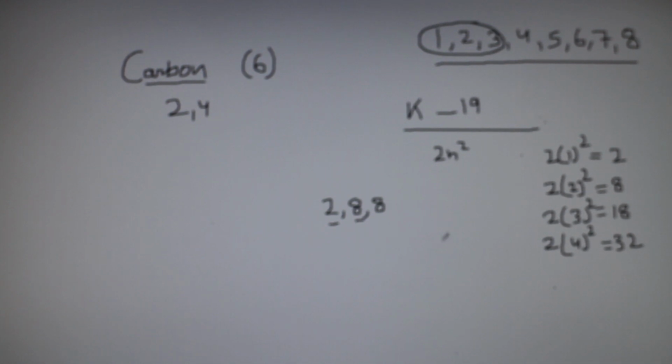Then afterwards we'll start filling the third shell again. Then it will be 2, 8, 9, then 2, 8, 10. So then again there is an exception: if it has to go beyond that, the electrons will go in the next shell.